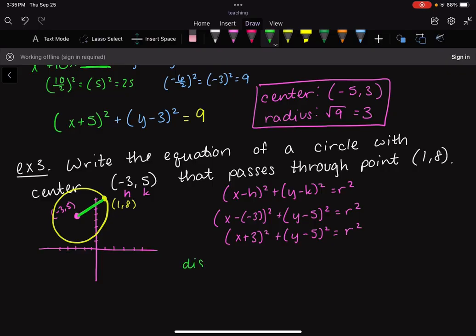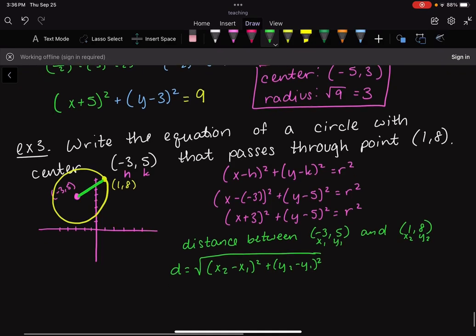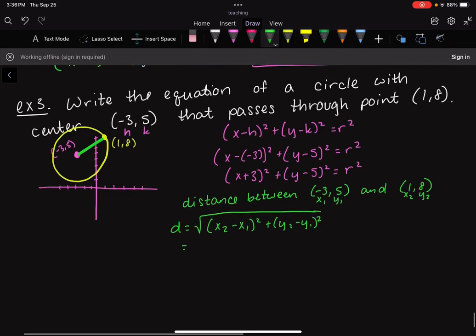So I'm looking for the distance between negative 3, 5, and 1, 8. So I'm going to find the distance between these 2 points using the distance formula. I do x1, y1, and I'll do x2, y2 for these. So now I'm just plugging everything in. We'll see what I get.